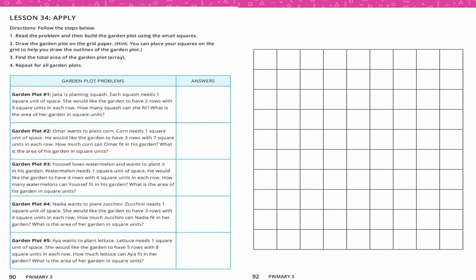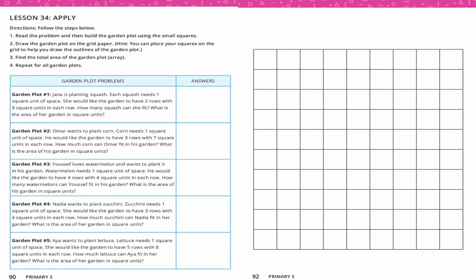Let's apply this to our area. We have lesson 34. We have some story problems here, and we will read them carefully, find the total area for each garden, and draw them. First, Jana is planting squash. Each squash needs 1 square unit.